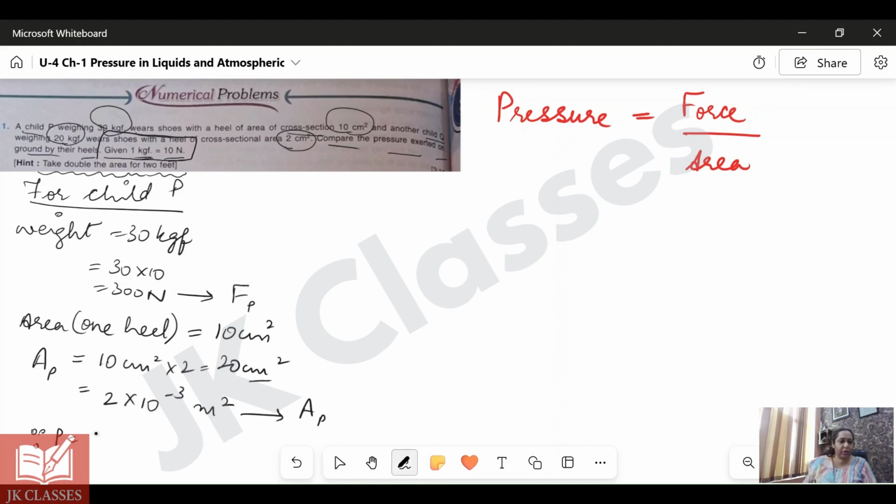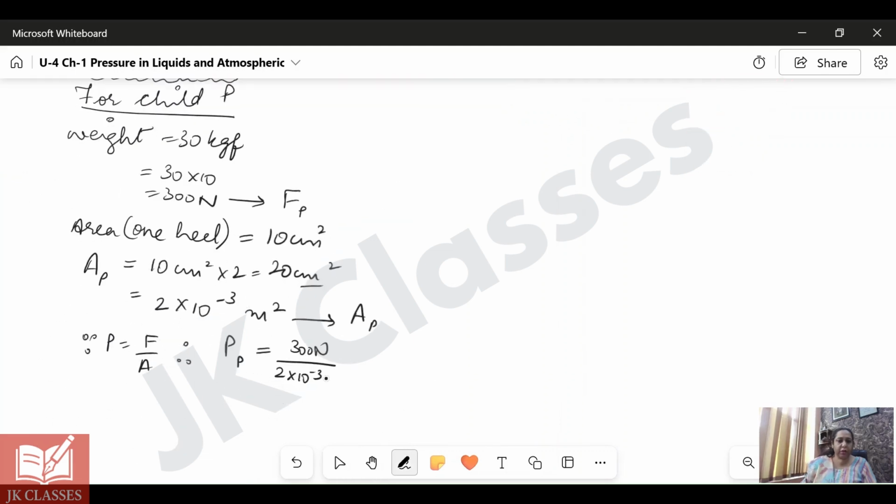Since pressure is equal to force upon area, therefore pressure exerted by child P will be equal to 300 Newton over 2 into 10 raised to the power minus 3 meter square, equals 3 by 2 into 100 into 10 to the power 3 Newton per meter square, comes out to be 1.5 into 10 raised to the power 5 Pascal.